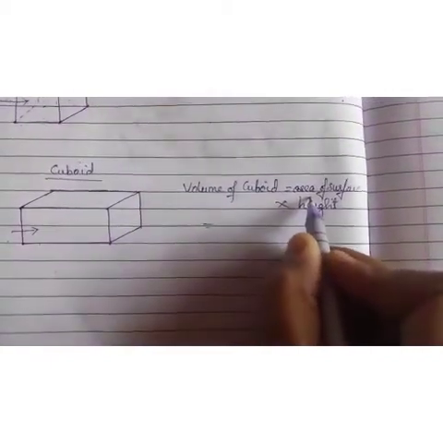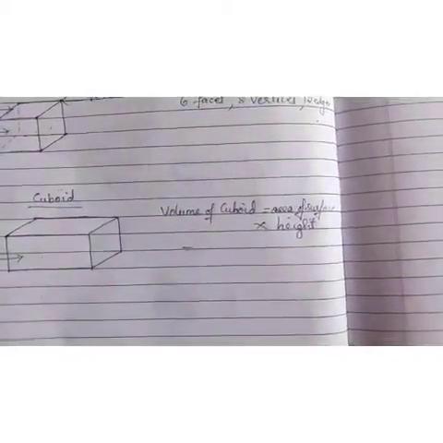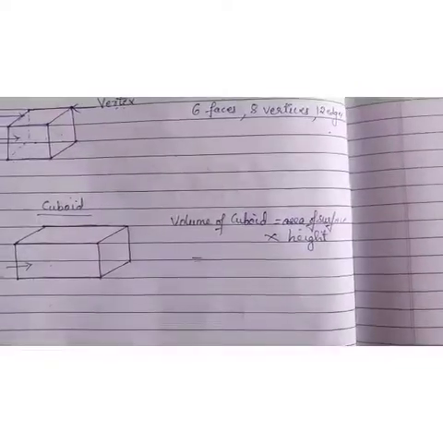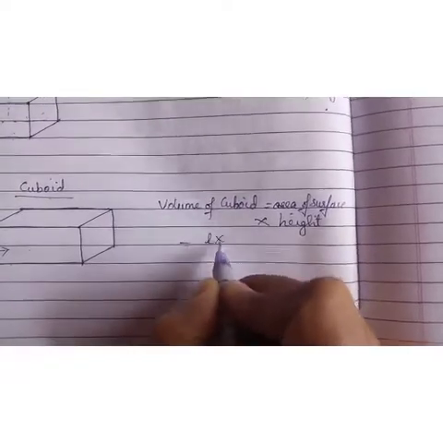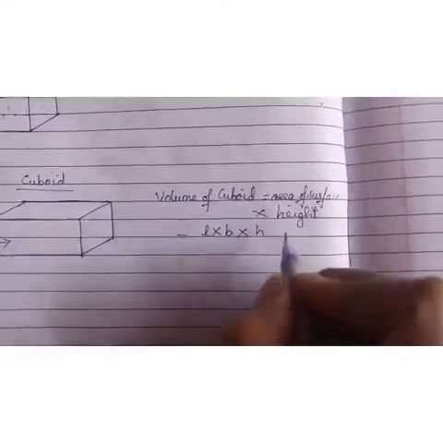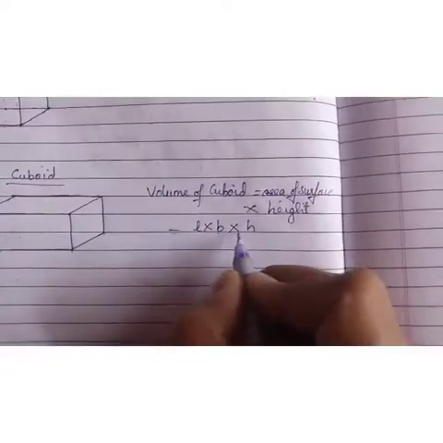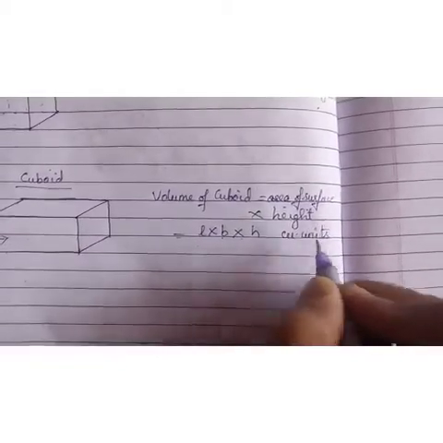In this one surface, we have a rectangle. So a rectangle has length and breadth, isn't it? So I will take the area of one surface as length into breadth and this height as it is. So length into breadth into height, cubic units.